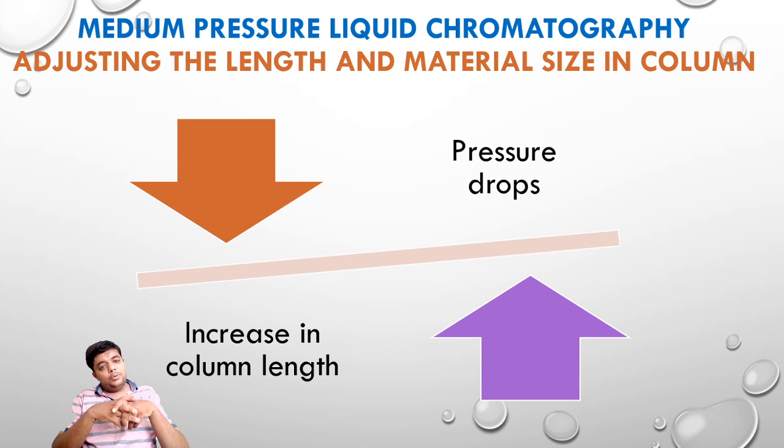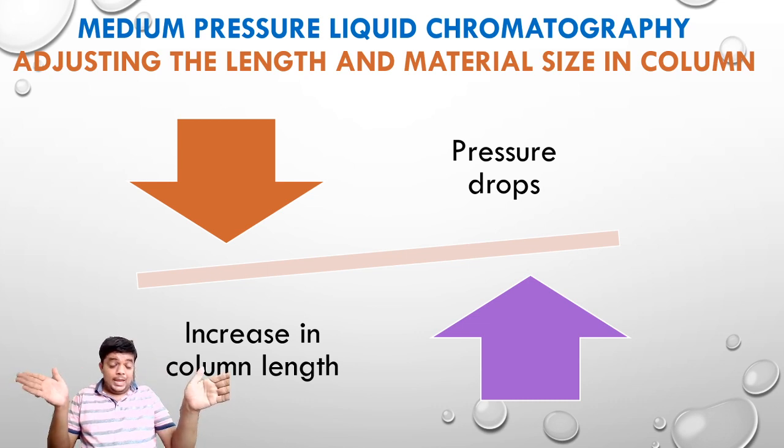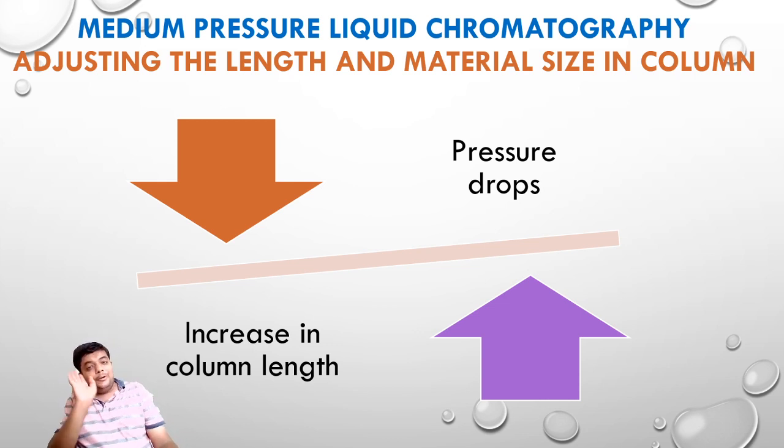Medium pressure liquid chromatography involves adjusting the length and material size in the column. If the column length increases and you do not adjust the material size properly, your pressure will drop. I'll give you a very simple example. If I have a tube that is sucking water from one tank and throwing it into the garden, and the length of the tube is 100 meter, it is throwing at a particular rate of 10 liter per minute.